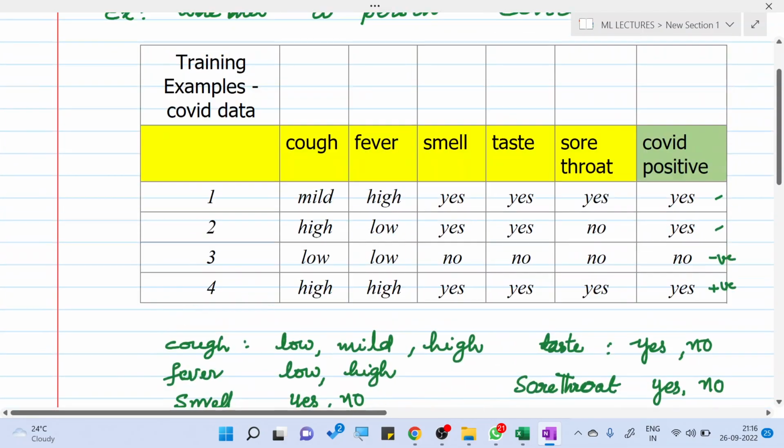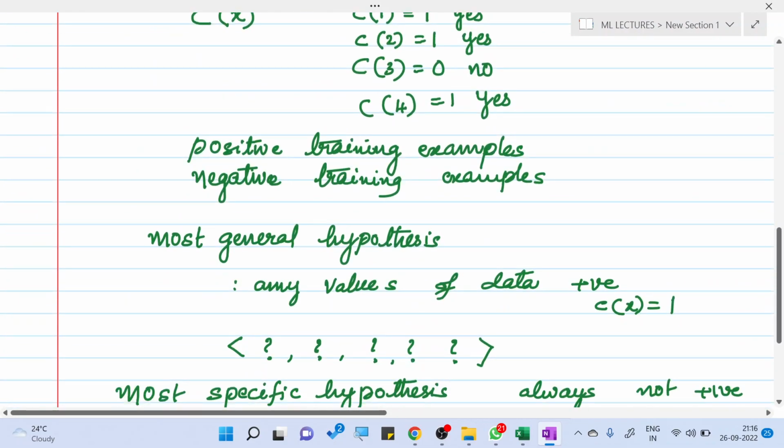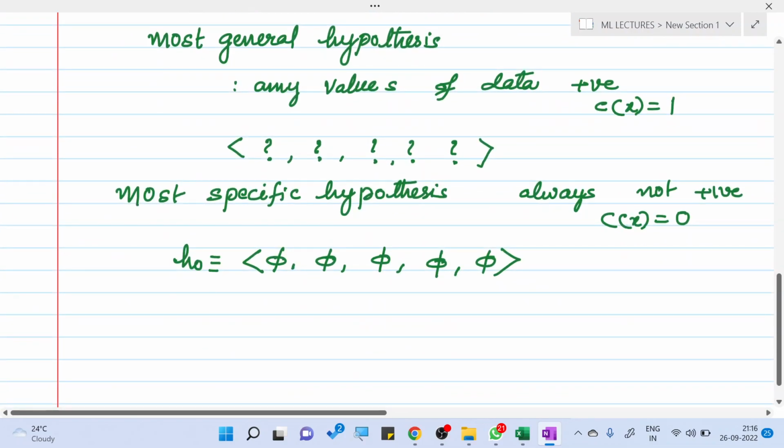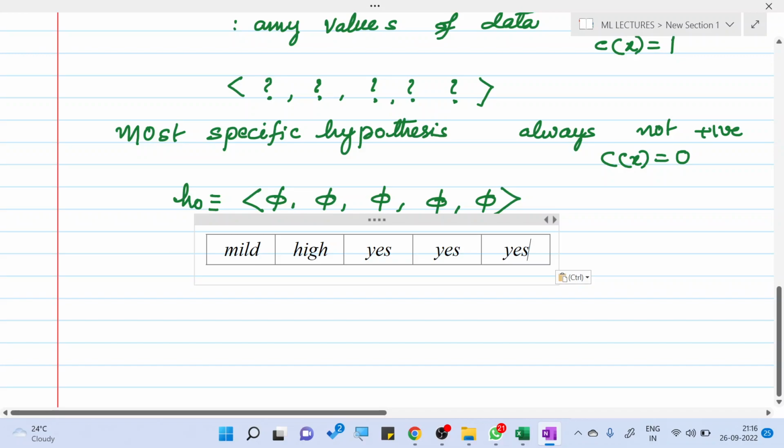Let us take the first training example. What is our first training example here? H0. Now let us write H1. What is H1?